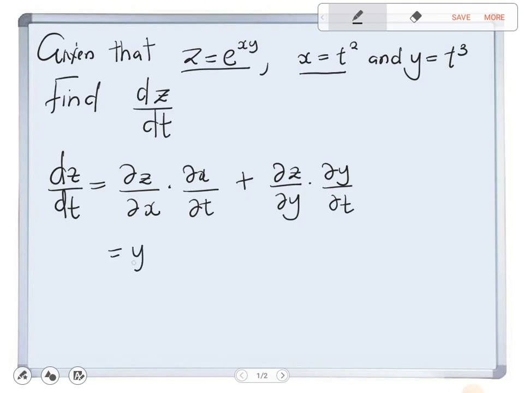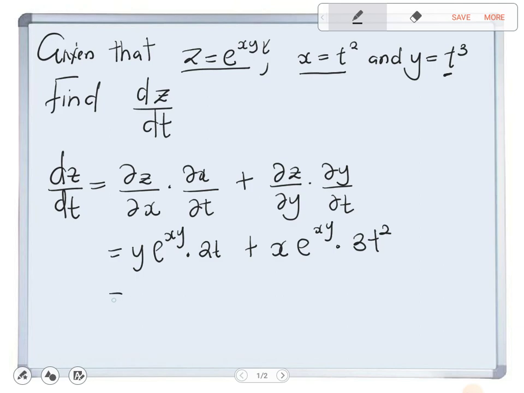So I'm going to have y e to the power xy, multiplied by dx/dt. This one with respect to t is going to give me 2t. Plus dz/dy. Coming back here, differentiating this one with respect to y, I'll remain with x. So that will be x e^(xy) multiplied by differentiating this one with respect to t to give me 3t squared.